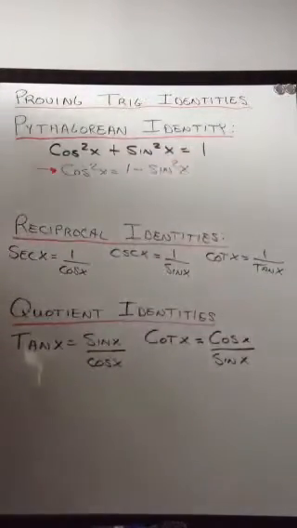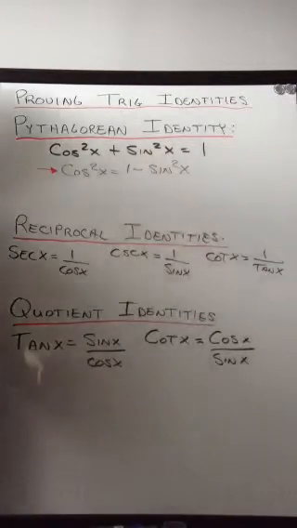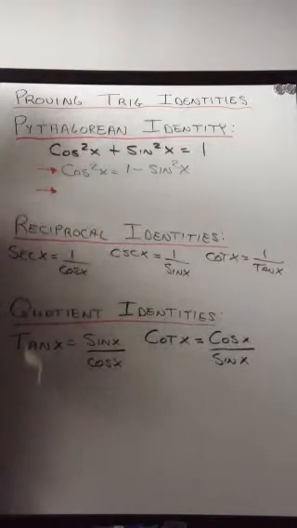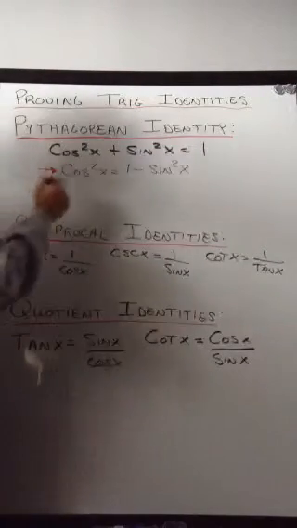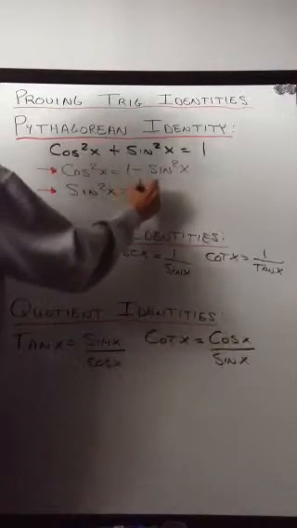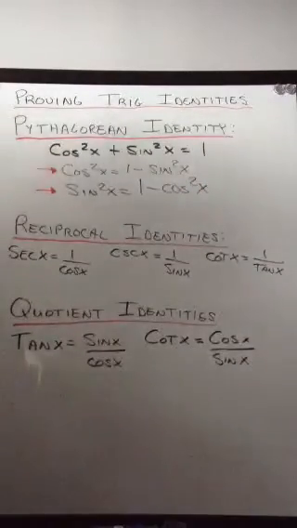So cos squared of an angle is equal to 1 minus sine squared of the same angle. In the same way, we can do the same thing for sine squared. So simply by moving the cos squared to the other side, we get that sine squared is equal to 1 minus cos squared.